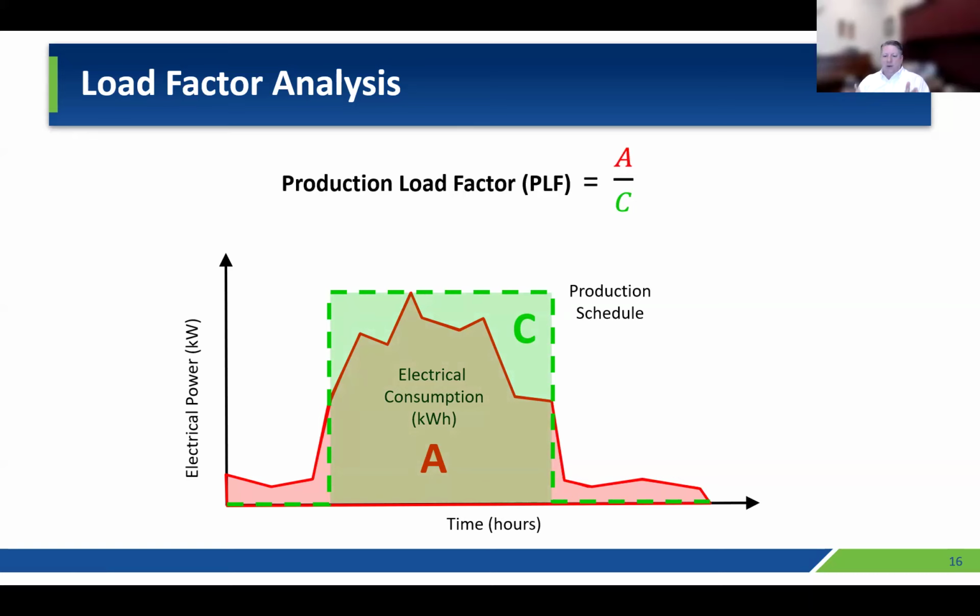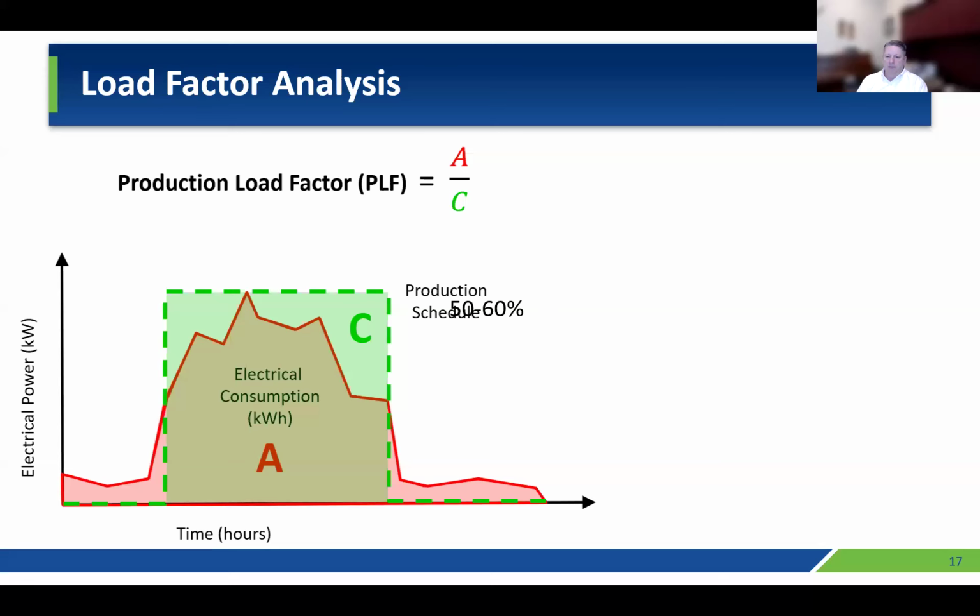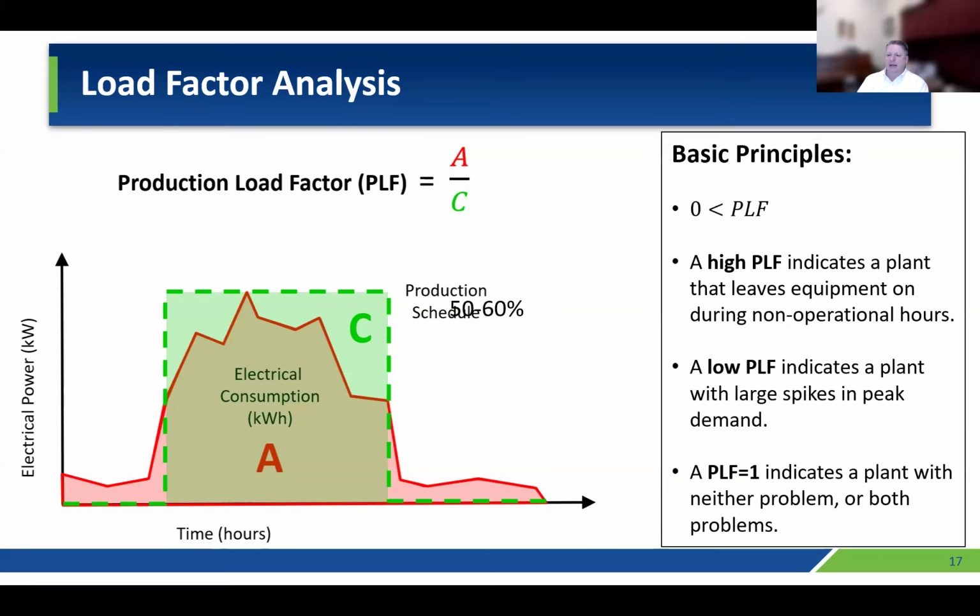What this gives us is what we call the production load factor. This typically might be 50 to 60%. And basic principles would tell us that production load factor is always going to be greater than 0. A high production load factor means that the equipment is being left on during non-operational hours.